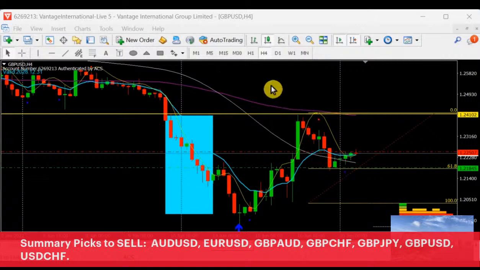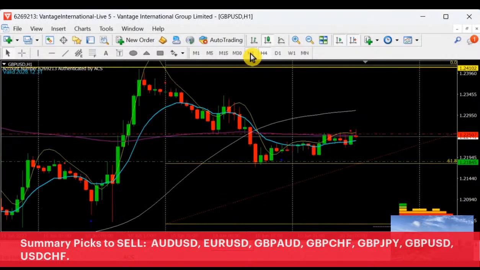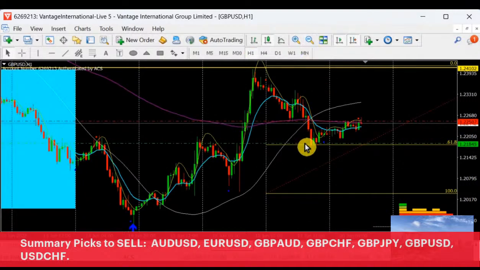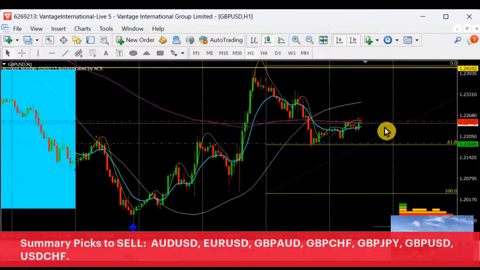Lowering the time frame into H1, I see that it is tentatively moving up to test the previous support as a resistance right now.